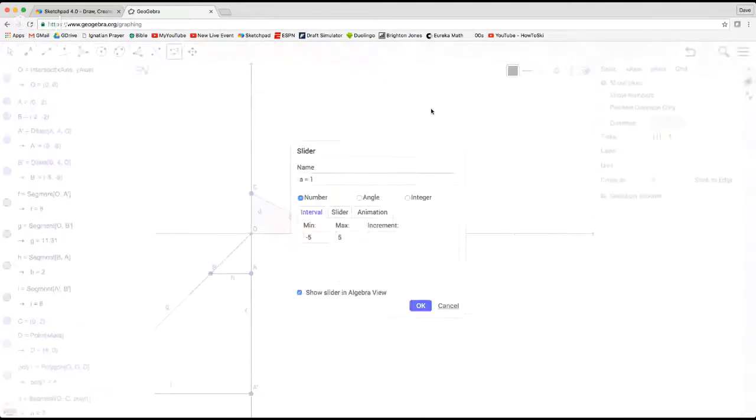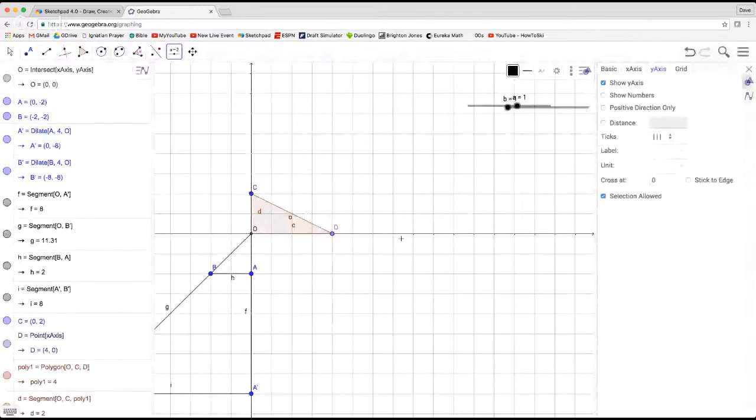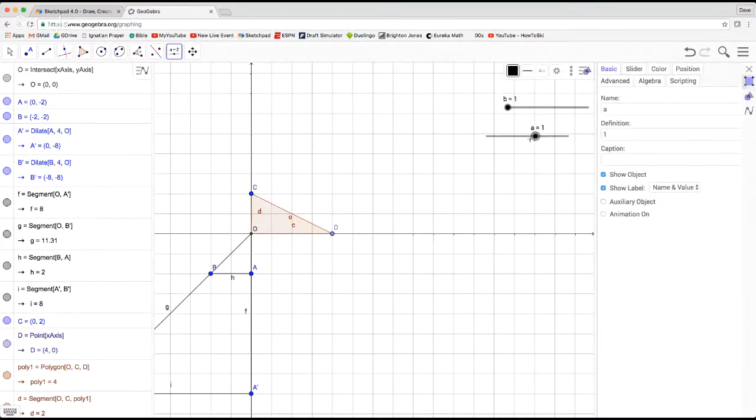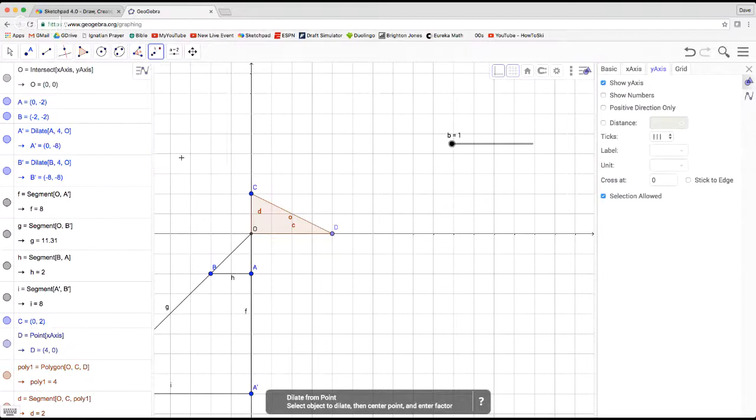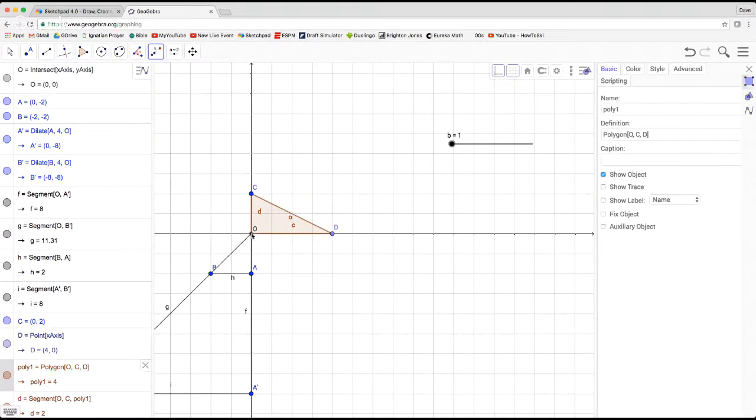The slider is going to be cool. We'll call it A. Okay, and there's our slider. Let's make it have a min of 0.1 and a max of 100, with an increment of 0.1. There we go. So now we're going to use our dilation command, dilate from point. We're going to choose our triangle, and we're going to dilate about point O.